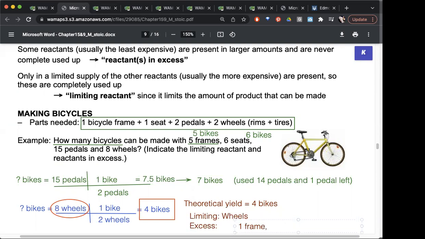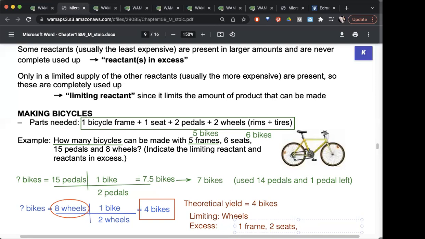Now I'm doing these pretty quick because the numbers are easy, but normally you'll have to write out a long dimensional analysis step for each one of these. And I'm hoping to show you the table method by the end of this week, although I'm not sure we'll get to it. Okay, so one frame. Let's see, if we make 4 bikes and we start with 6 seats, then 6 minus 4, because we use 4 seats, that's going to be 2 seats left.